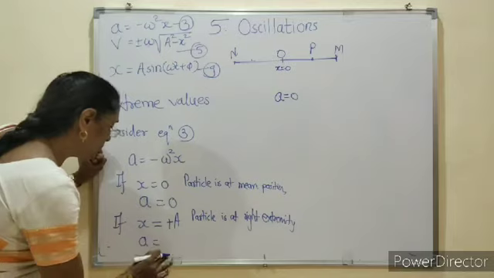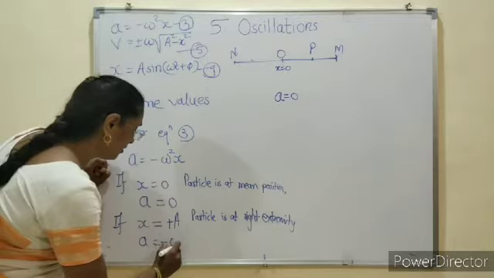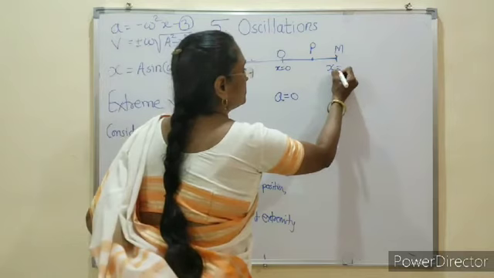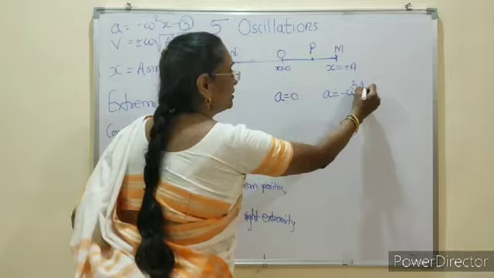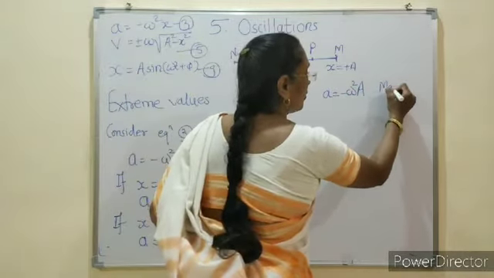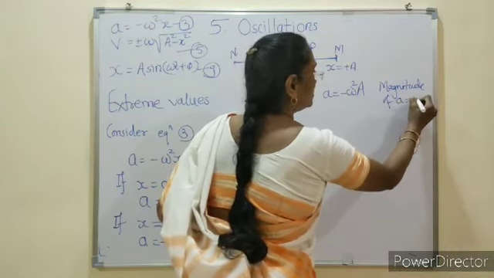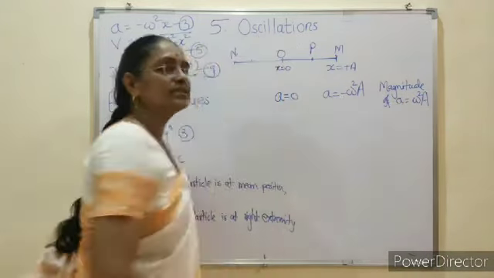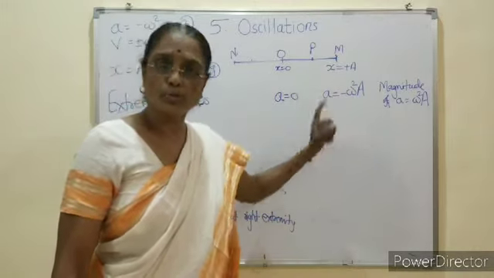A is equal to minus omega square into A. We substitute x is equal to plus A, then we get A is equal to minus omega square A. Actually, the magnitude of acceleration is omega square A. It is positive. But this minus sign indicates that acceleration and displacement have opposite directions.